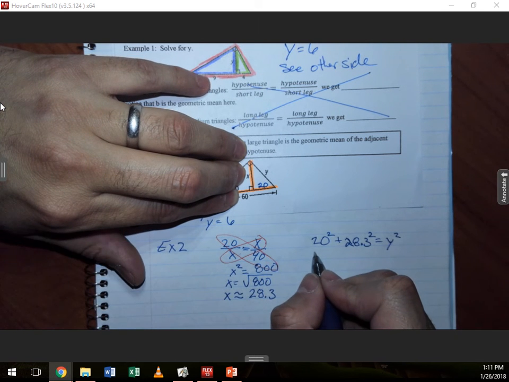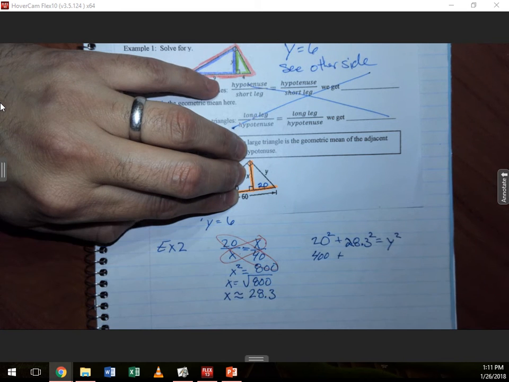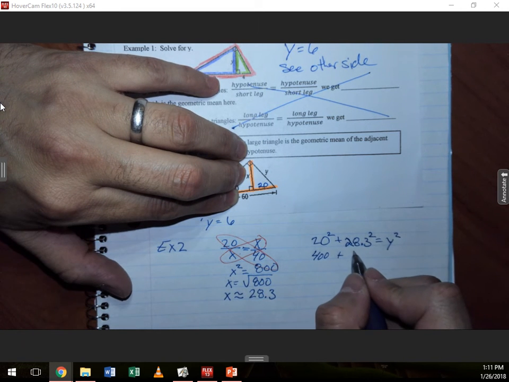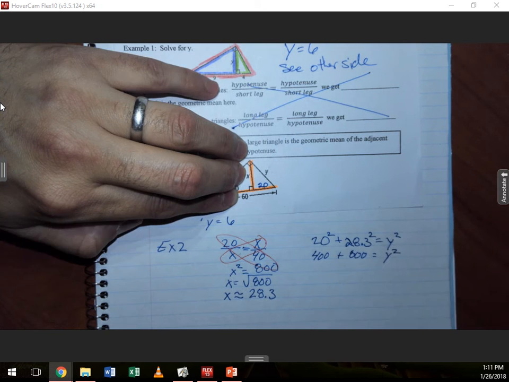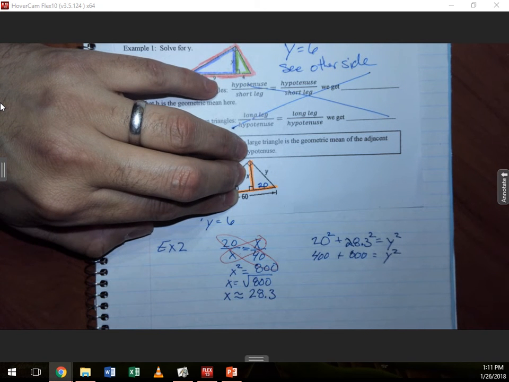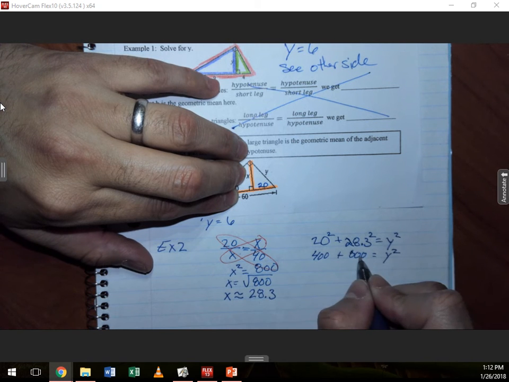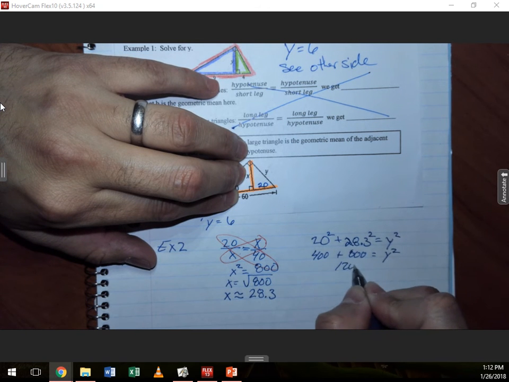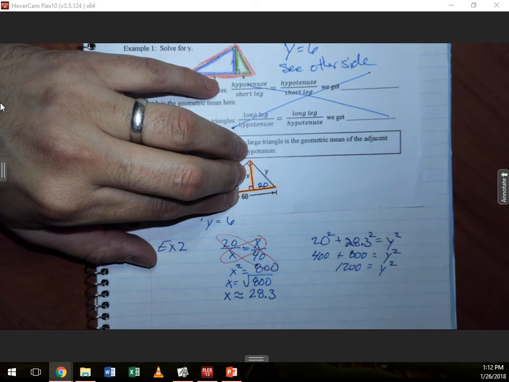So I get 400 plus a big number, it should come out to be like 800. Add those two together, I get 1200 is equal to y squared.